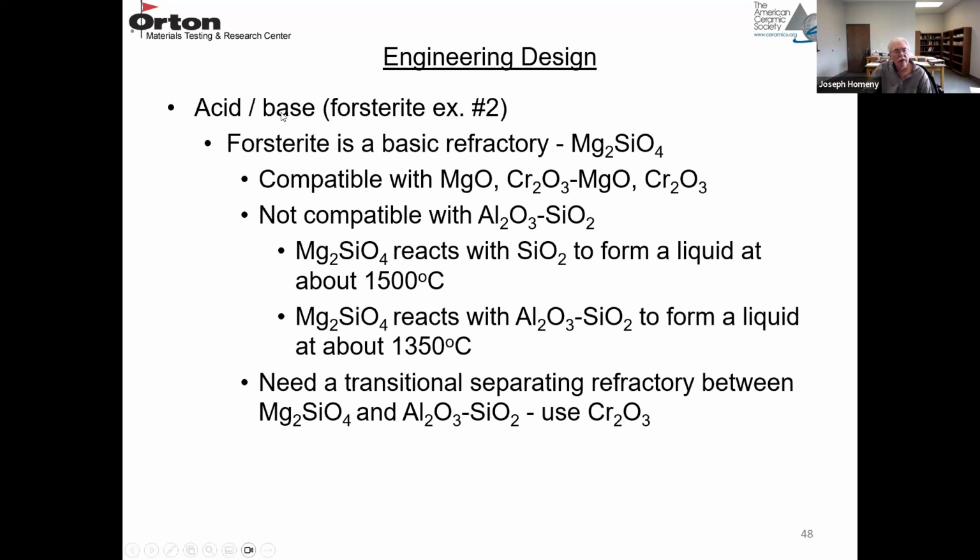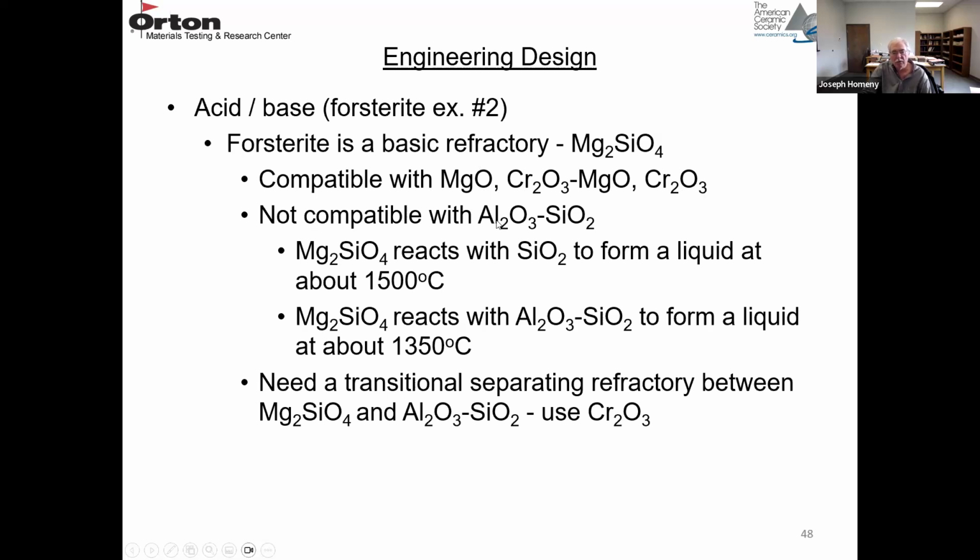So if we look at an acid to base reaction for this material phosphorite, phosphorite, if you do the calculation or the empirical ranking, is a basic refractory. So it's compatible with other refractories like MgO, Cr2O3 MgO, which is a chrome magnesite, or this neutral material Cr2O3.